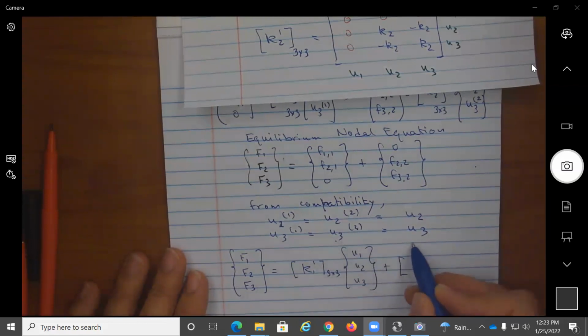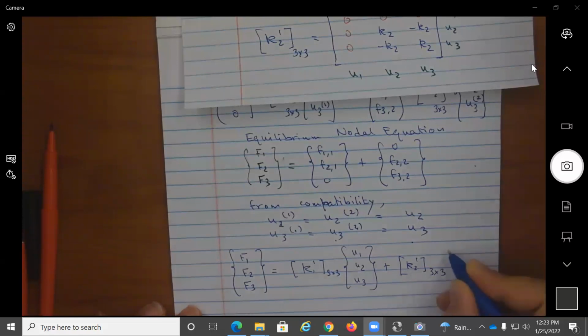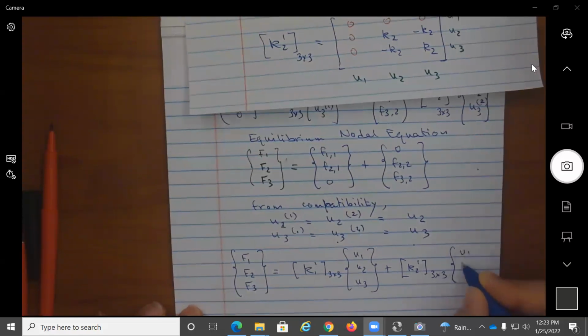We're going to just call it U3 for compatibility. If I'm referring to node 3, even though it's not associated with the element, we're going to refer to one displacement for node 3 to keep the structure intact. So I have here K2 prime, which is the 3 by 3, multiplied by U1, U2, and U3.